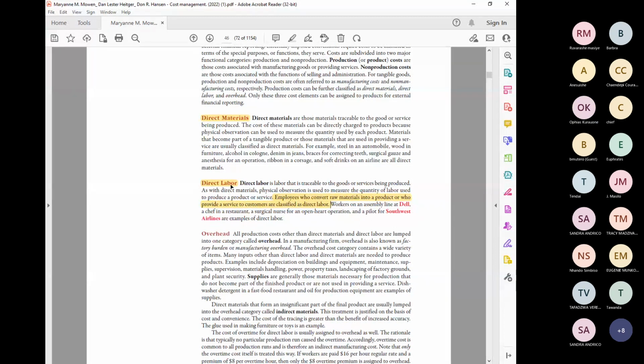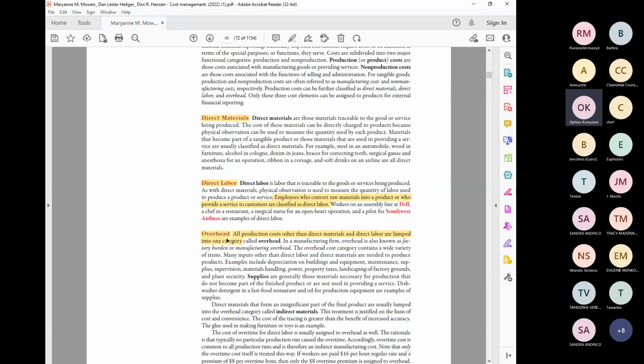But these are two criticals. Direct labor and direct materials cannot work in isolation without overhead, because this aeroplane needs fuel. This aeroplane needs lighting. So we incur what we call overhead.